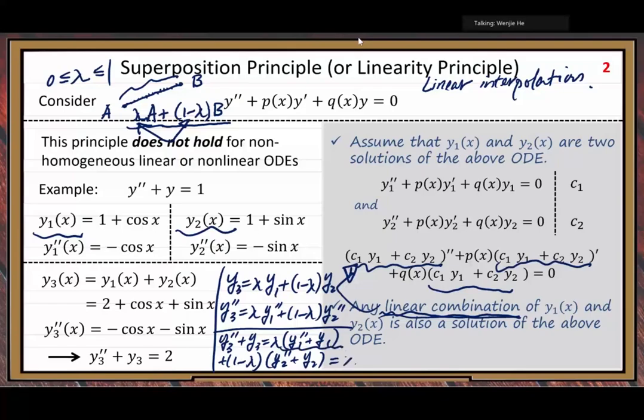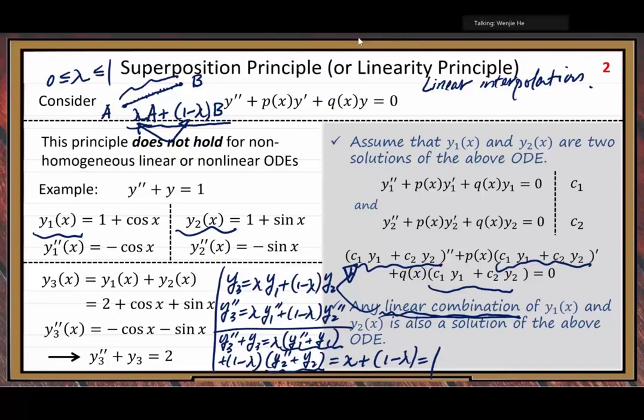So you get lambda plus 1 minus lambda, and the answer is 1. In this way, if your y3 is a linear interpolation of the two solutions y1 and y2, you still get a solution. Interesting, right? Something useful. So this concept, linear combination, is useful.